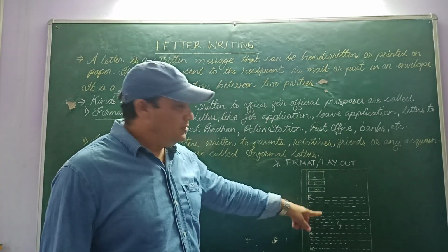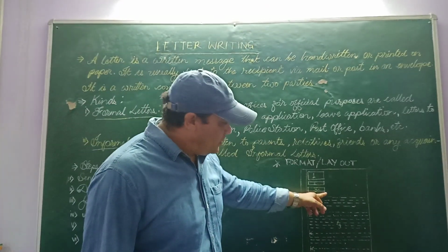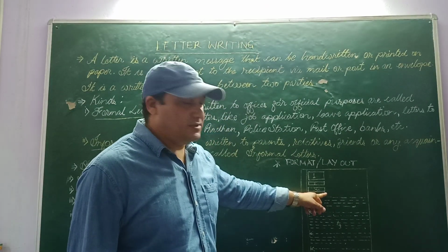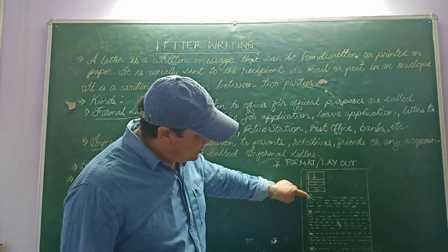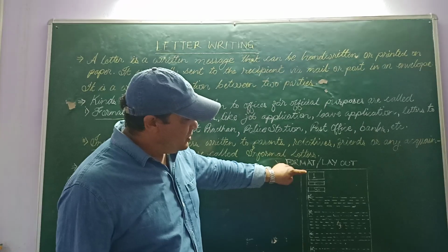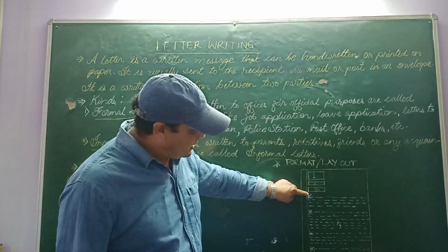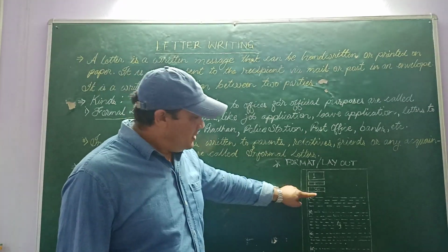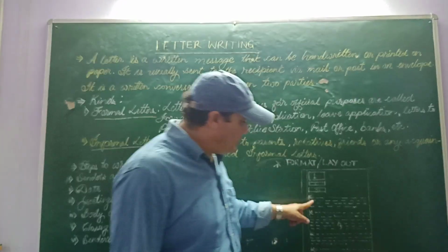But now that is gone. This pattern is outdated. So you have to leave one line. Leaving one line is a must, as I already told. Come to the left hand side in the same margin where you have started your address, your date, and then salutation. Same line you must carry. Leave one line, there must be one line gap. Then you start writing your letter.